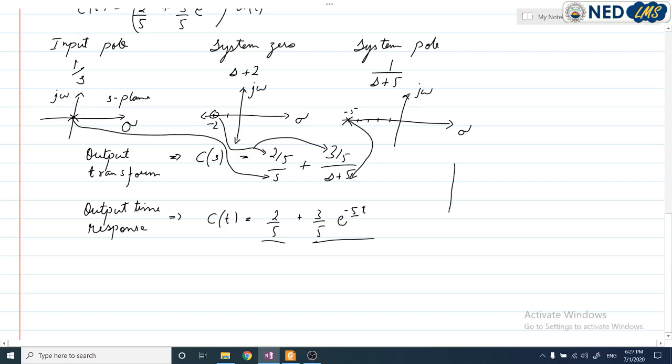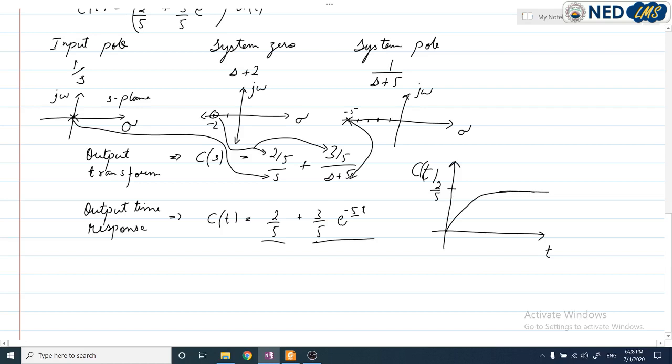So if I plot its output response, it will look like this. After some time, this transient part becomes 0, and only this constant part remains in the system.